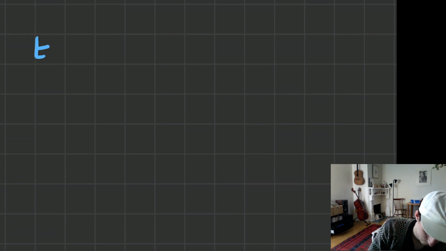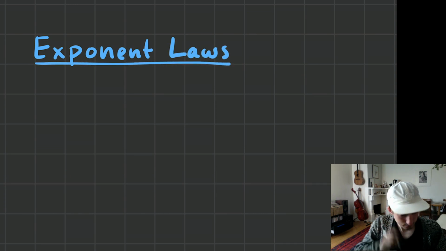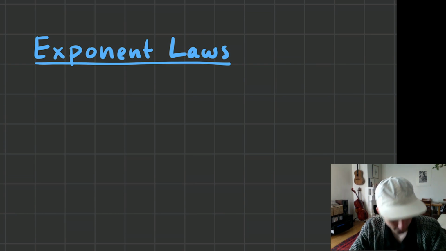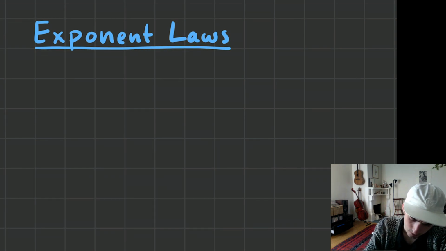So these are the exponent laws. There's quite a few of them, but we'll just go through them one by one.